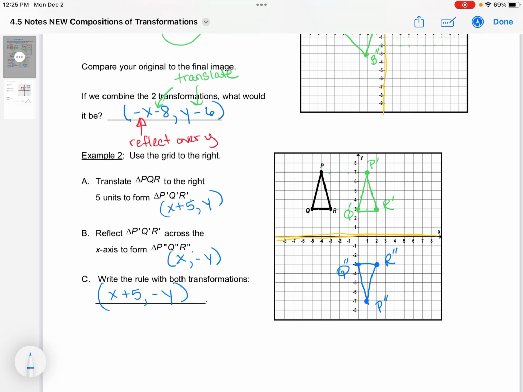So you can't really write the rule differently if you translate first. So you go in order.